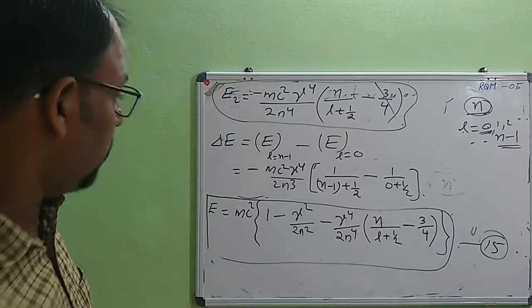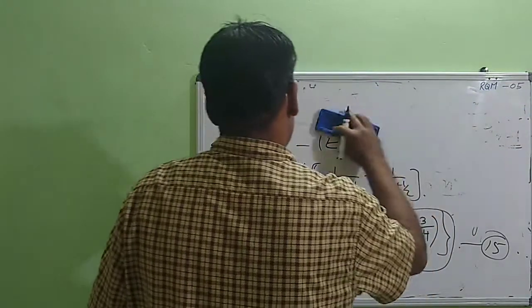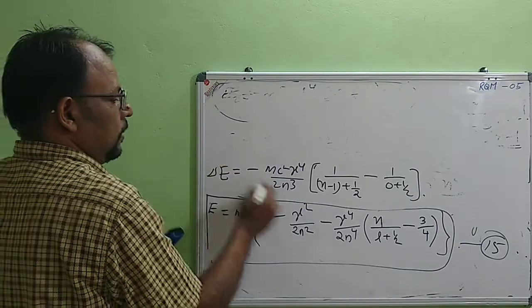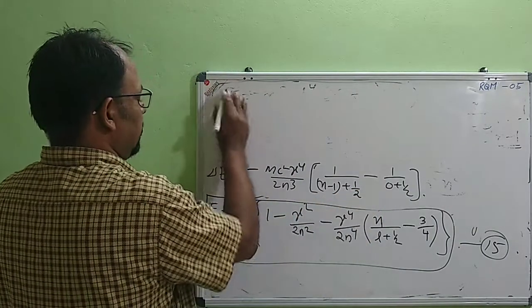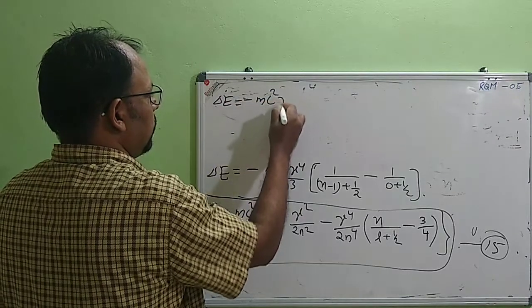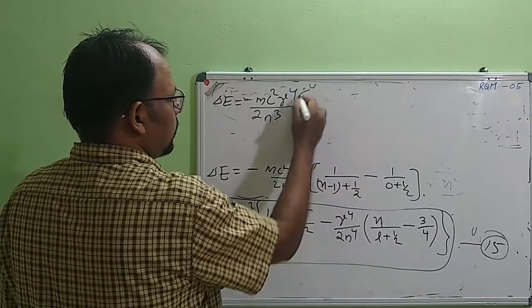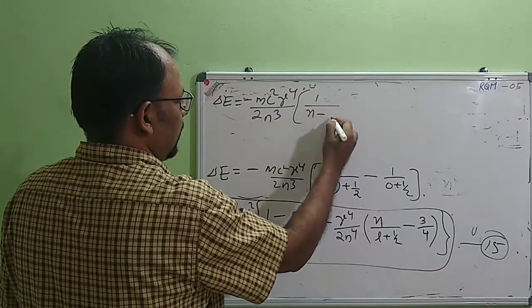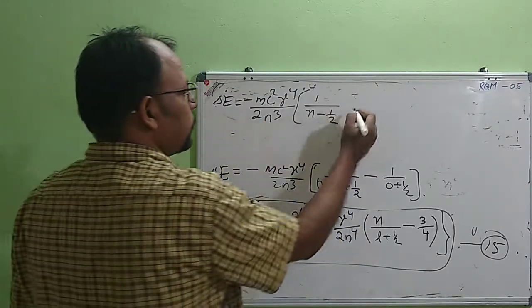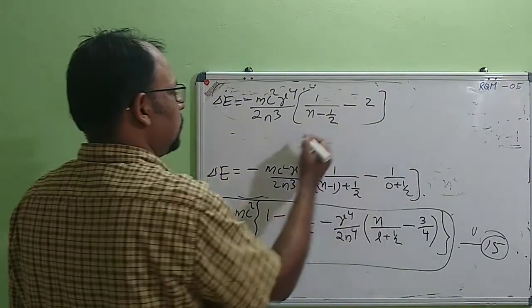So delta E is minus m c squared gamma to the power 4 by 2 n cubed into 1 by n minus 1 by 2, minus 1 by 1 by 2, which is minus 2.